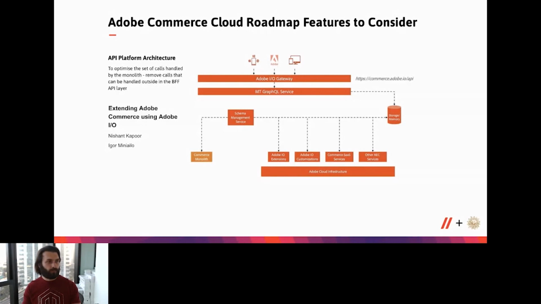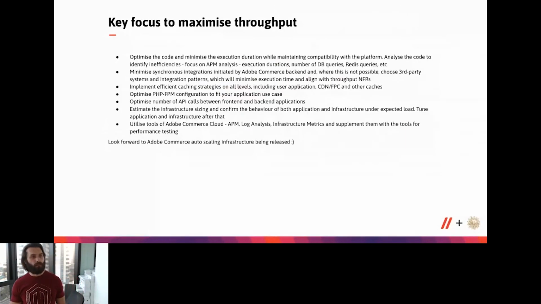infrastructure. So to summarize what we just talked about, there are a number of key things to consider for maximizing throughput. Make sure your application is optimized, make sure you have a sufficient caching strategy across all levels, and configure your PHP-FPM configuration based on your application use case.